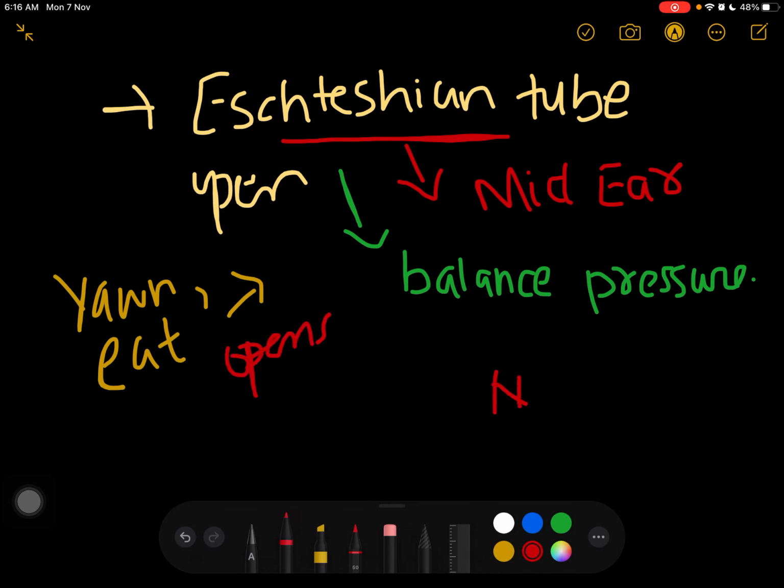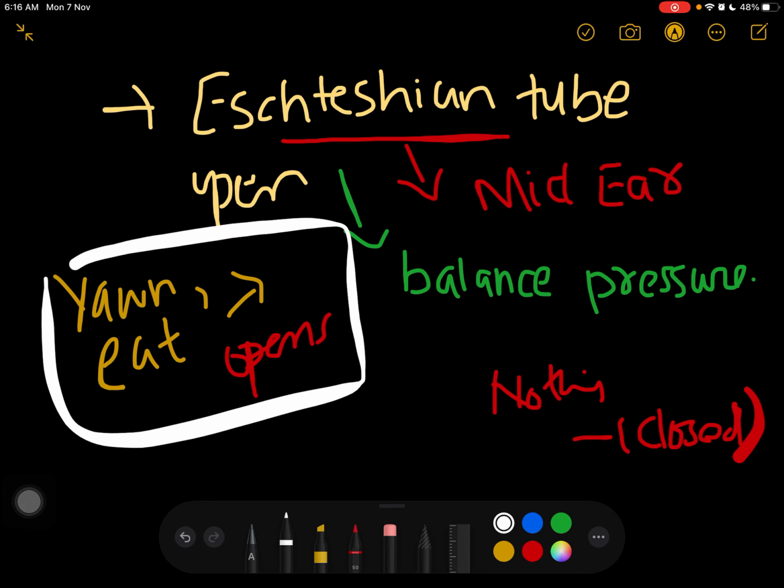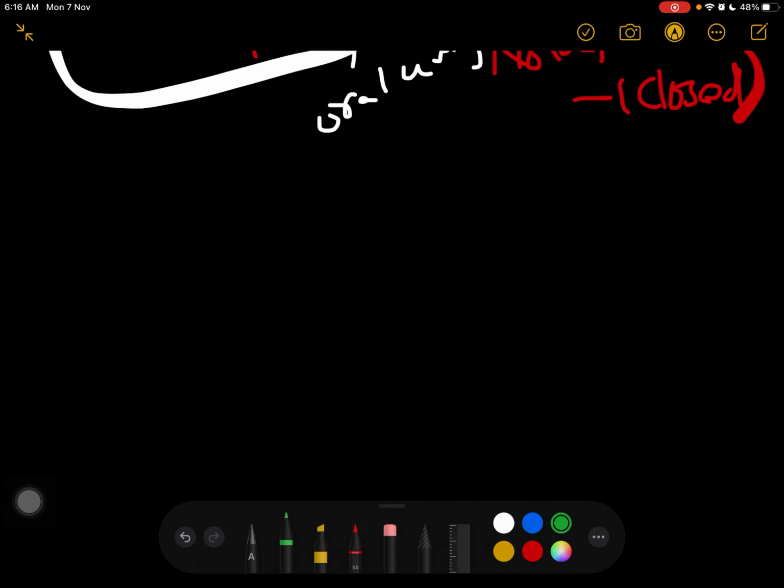When you're not eating and not yawning, it is closed. So number third is laryngopharynx.